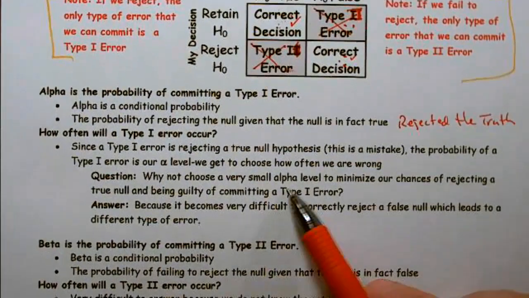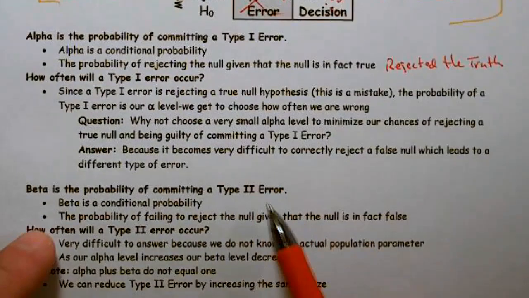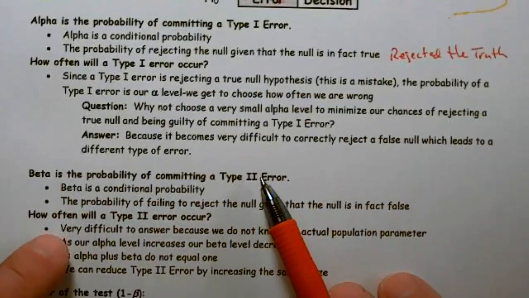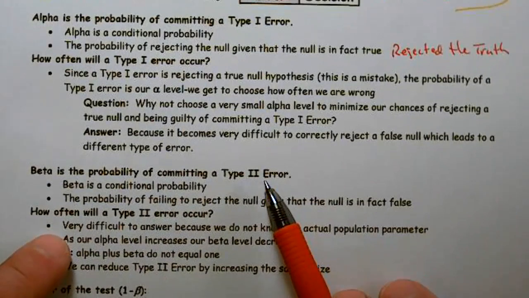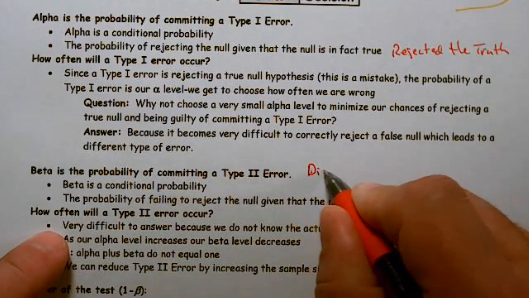We've already addressed this, so I'm going to skip that. You can read it yourself. Beta is the probability of committing a type 2 error. All right. And this time we did not reject.